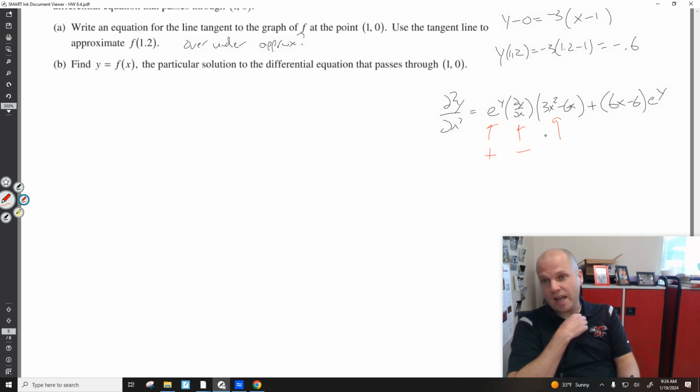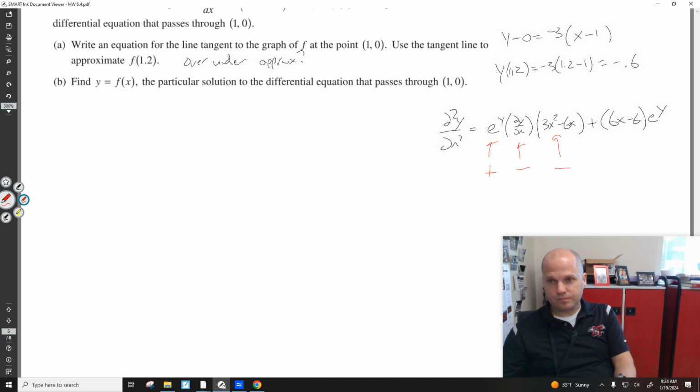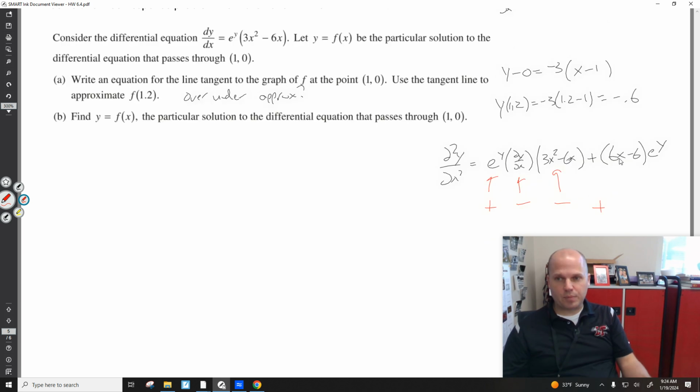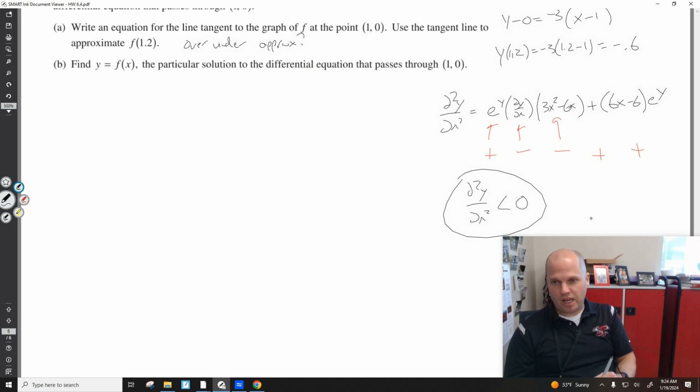But we know 3x squared minus 6x, this part, is also negative. If I plug in 1, I'll get something 0 or something positive. It's tough to say, but let's just say it was obvious that the second derivative was negative. And it will be obvious whether the second derivative is positive or negative if you do it correctly for the question you'll be asked on your test about over and under approximations. You say since the second derivative is negative, the approximation has to be over.